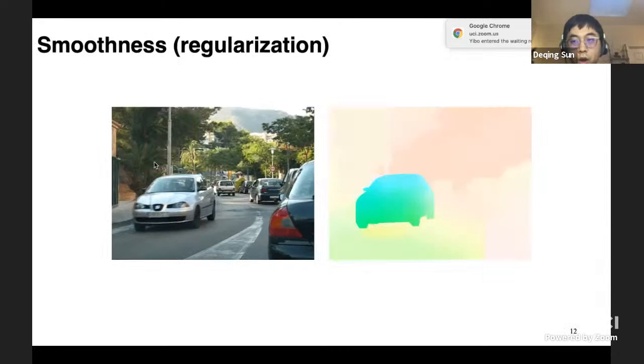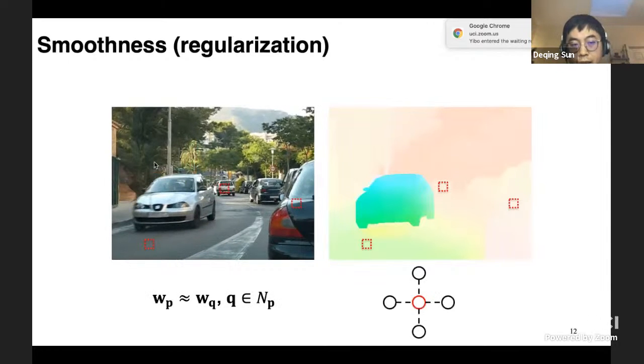And Horn and Schunck introduced smoothness as a regularization. The basic idea is, if we crop a patch in the image, most of the time the patch comes from the same physical surface, and then it will have similar 3D motion.